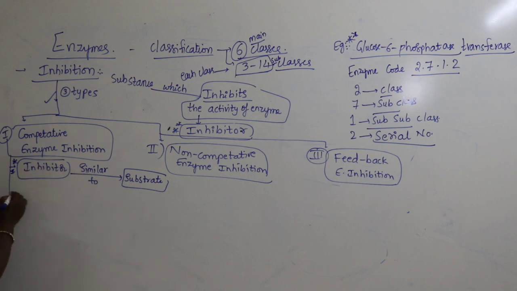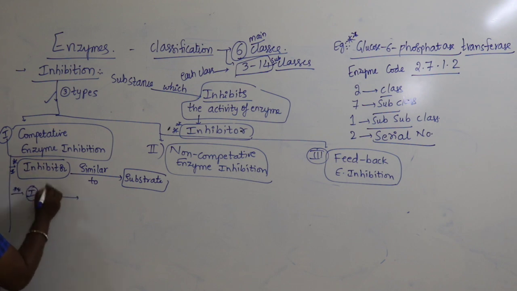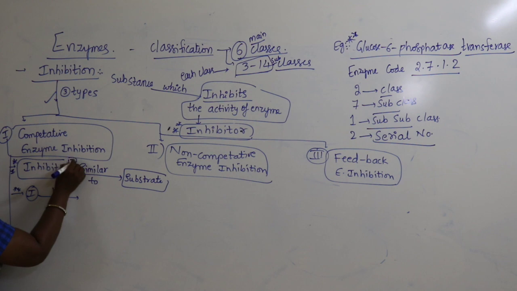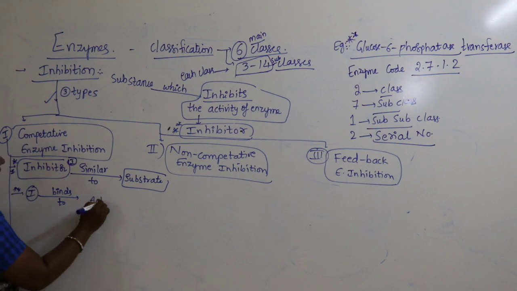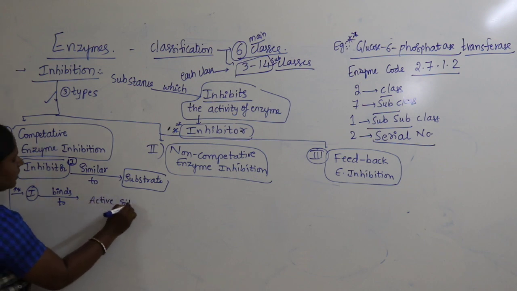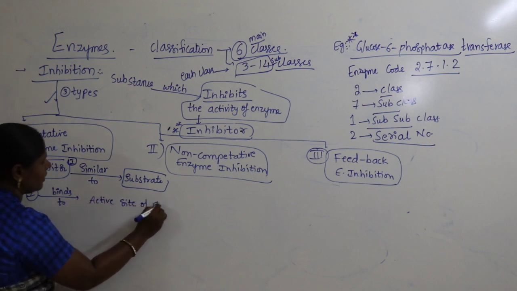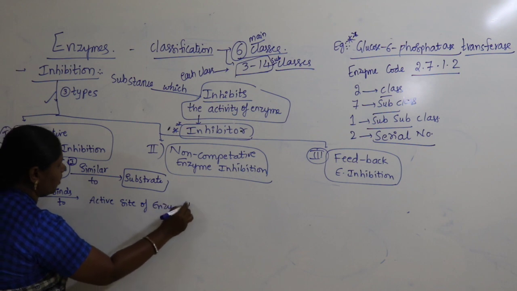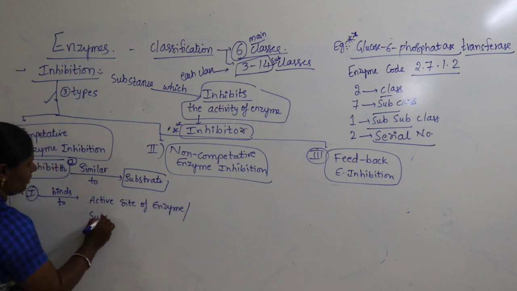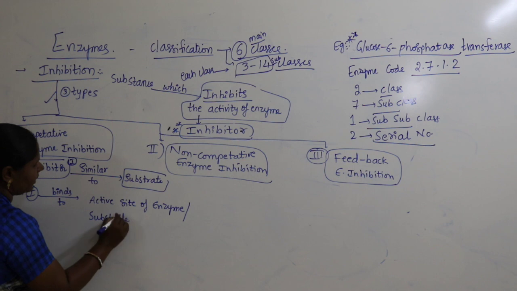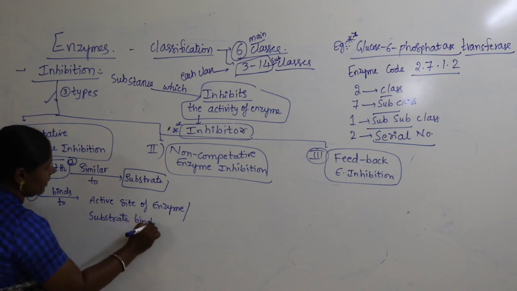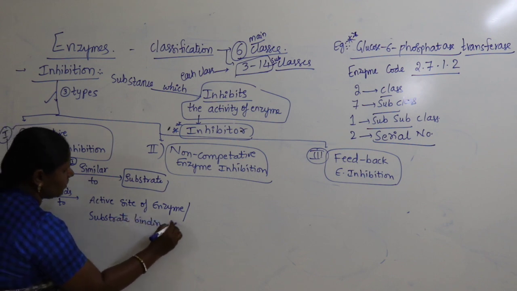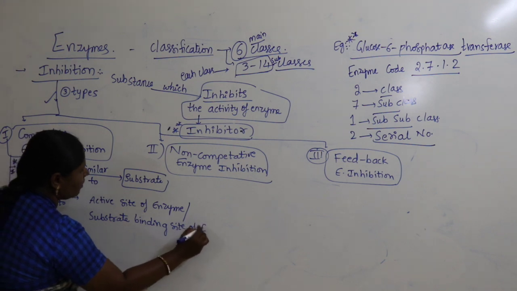So here this inhibitor, I write I for inhibitor, binds to the active site of the enzyme, or the substrate binding site of the enzyme. E for enzyme.